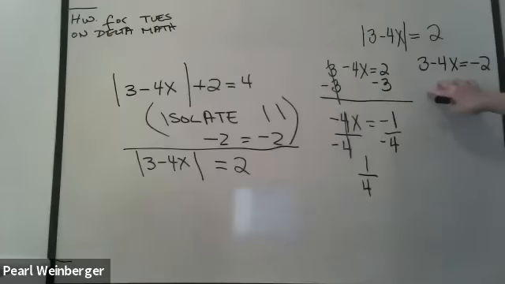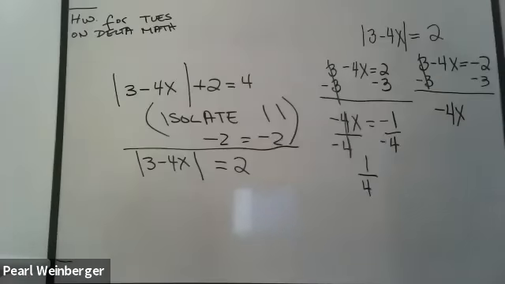Okay, we go to our next one. Steps are going to be almost identical. Again, I'm going to subtract 3 from both sides. I'm left with a negative 4x because all I've done is get rid of the 3. On the other side, I have a negative 2 and a negative 3, which combine to negative 5.